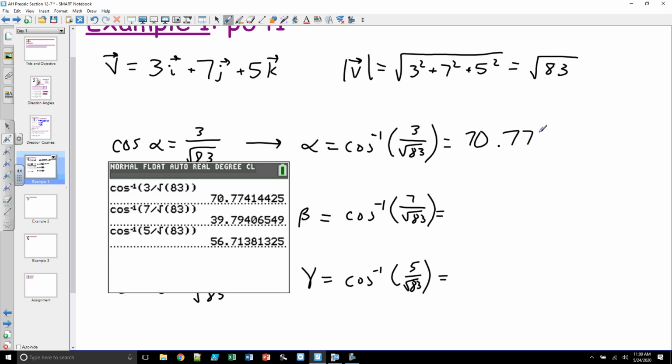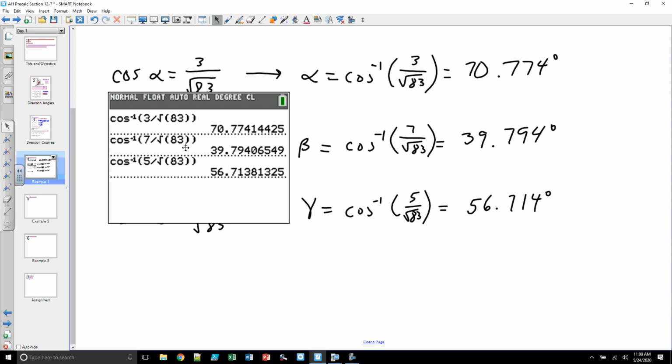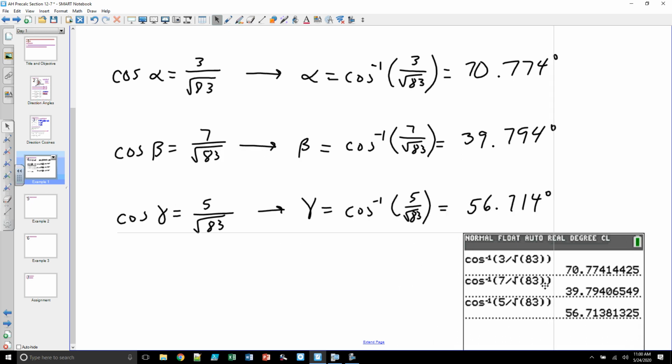Make sure you're putting 3 decimal places here in your answers. For beta, we have 39.794. And for gamma, we have 56.714 if we round that to 3 decimal places. Those are our alpha, beta, and gamma for our three direction angles.